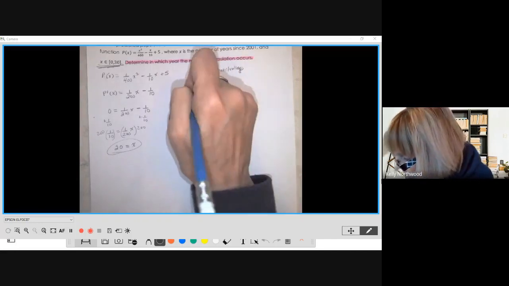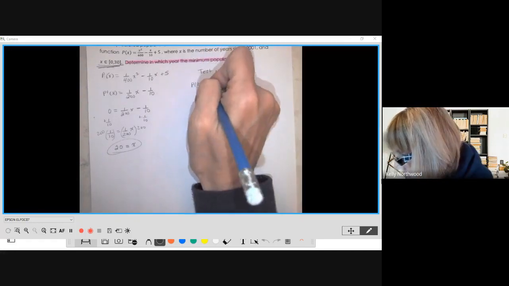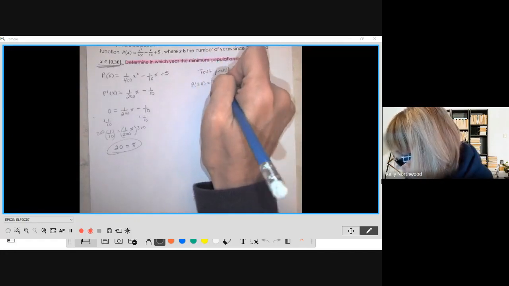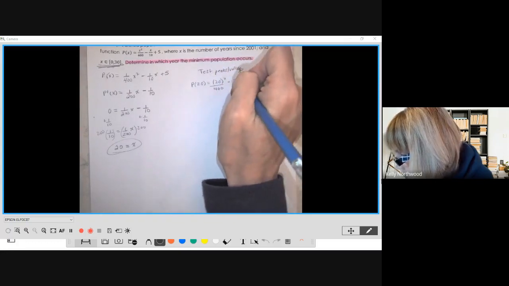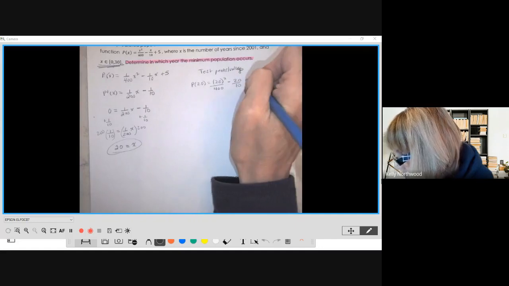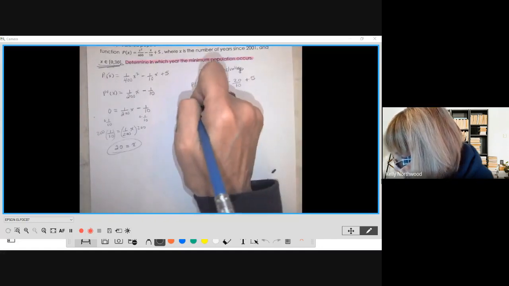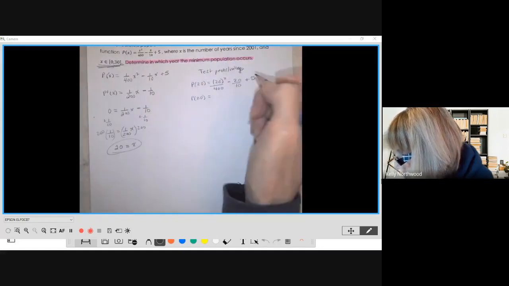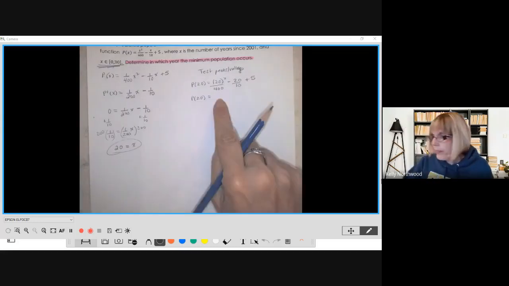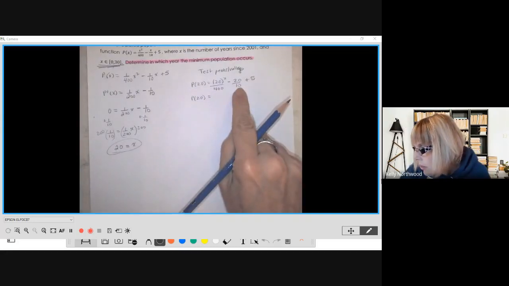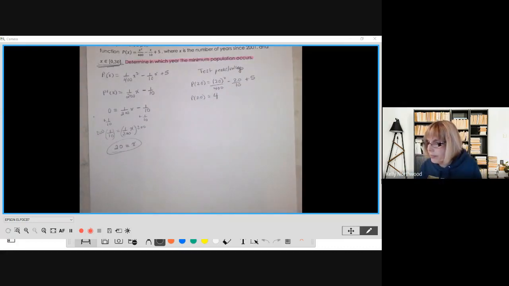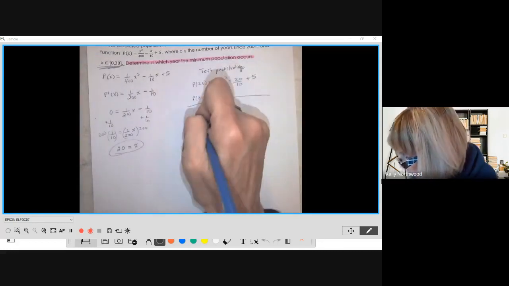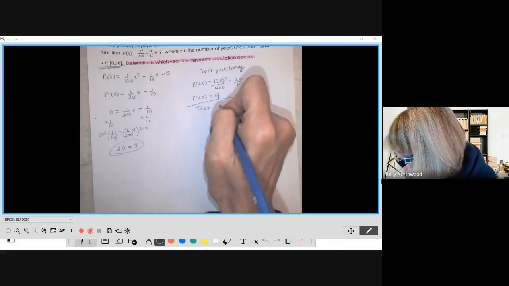So P at 20 is equal to 20 squared over 400 minus 20 over 10 plus 5. So that's going to be 1 minus 2 plus 5 is 4. And then we're going to test endpoints.